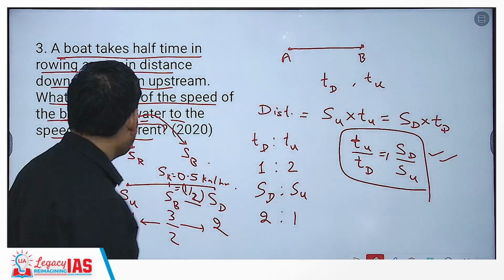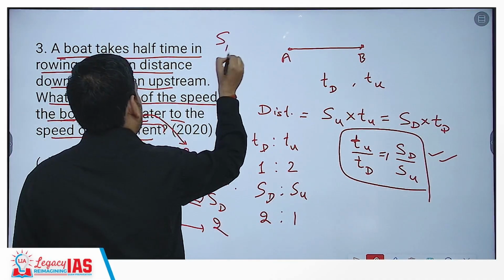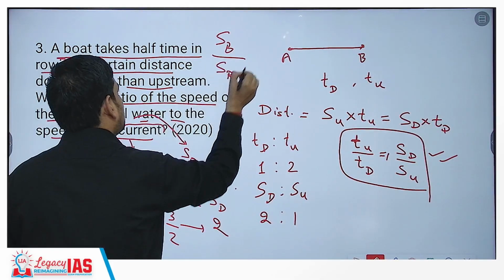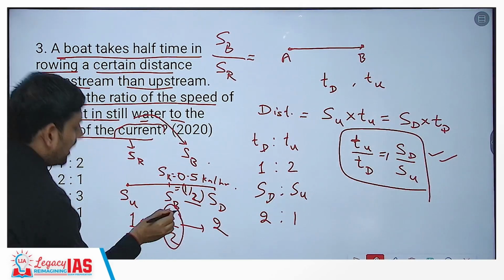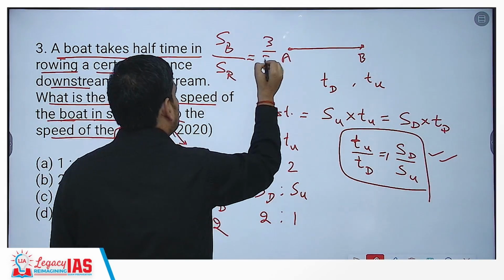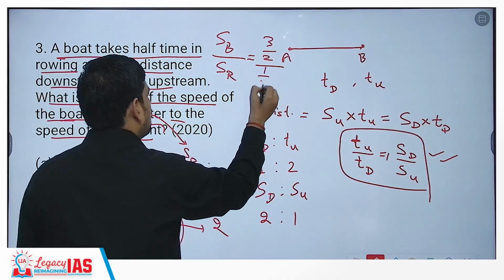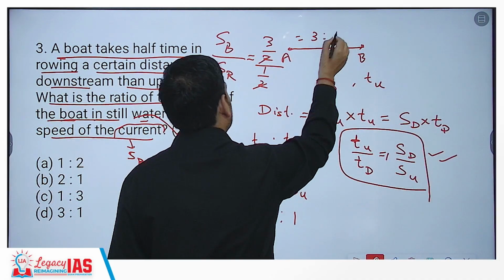Now what is asked? What is the ratio of speed of boat in still water to the speed of current? Speed of current is what? Speed of river. Speed of boat in still water is what? This comes out to be 3/2. So this is 3/2 divided by speed of river, which is 1/2. 2 and 2 will cancel out. What you will get? 3:1.